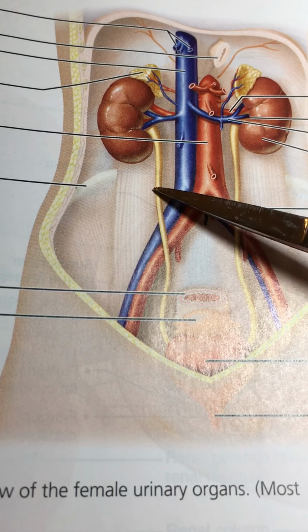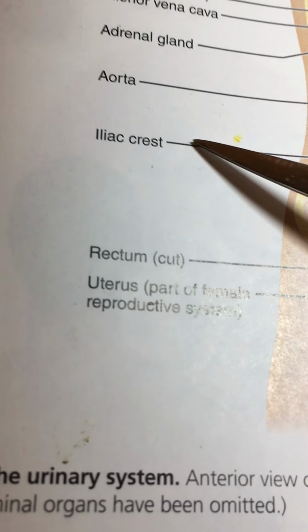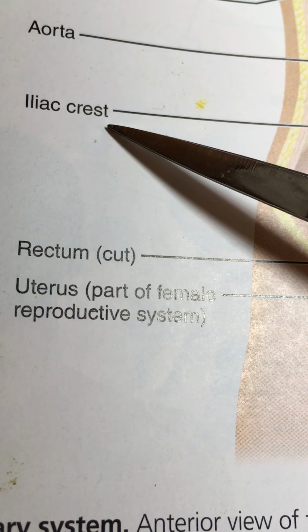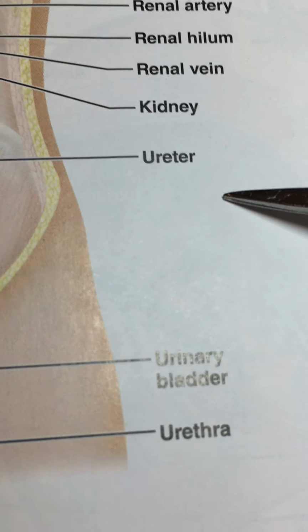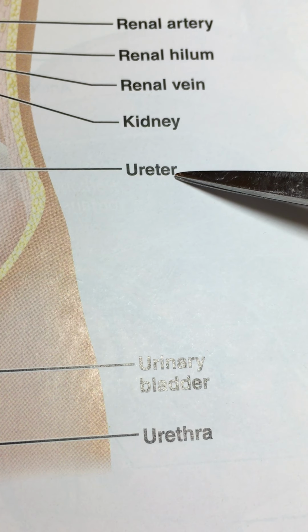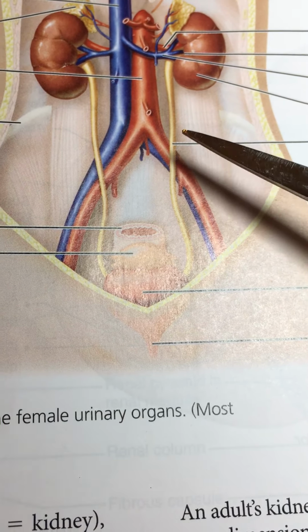Notice also that we have a ureter coming down here. So here's the ureter over here. Okay. Don't confuse ureter with urethra. That's down the road after the ureter and all of that.